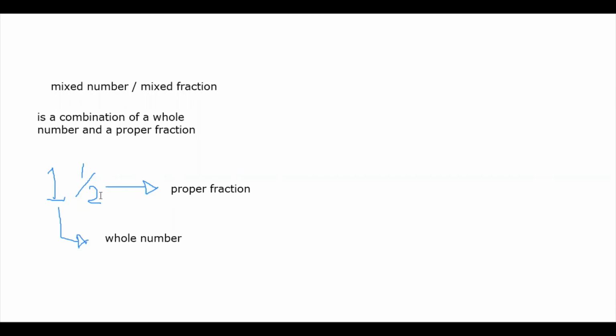So how can we say that it is a proper fraction? It has a lesser numerator and a greater denominator. It's easy, right? It's easier to identify than those two types of fraction that we discussed a while ago, the proper and the improper fraction.